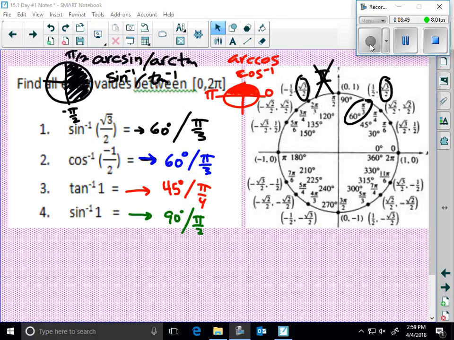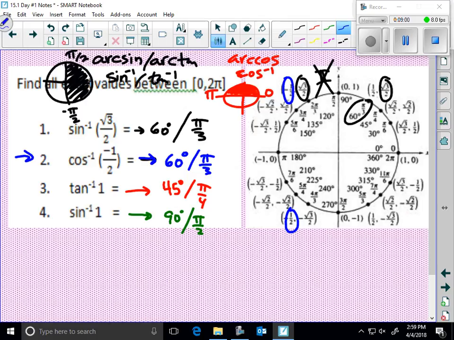All right, so as we go through this, number 2, as you can see here, the cosine is -1/2 here and also down here. However, cosine is restricted to quadrants 1 and 2, therefore this would not be the answer we want. You're never going to have an answer in that quadrant, ever. Well, I shouldn't say ever, in our chapter here.